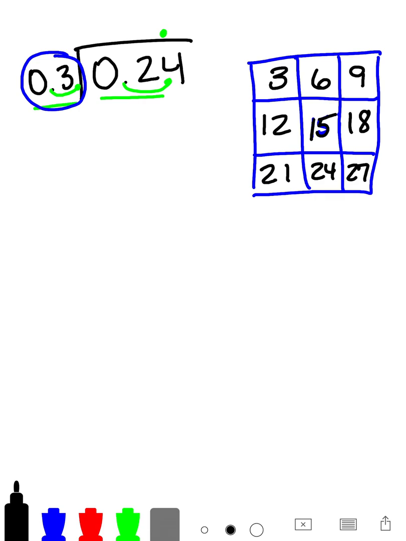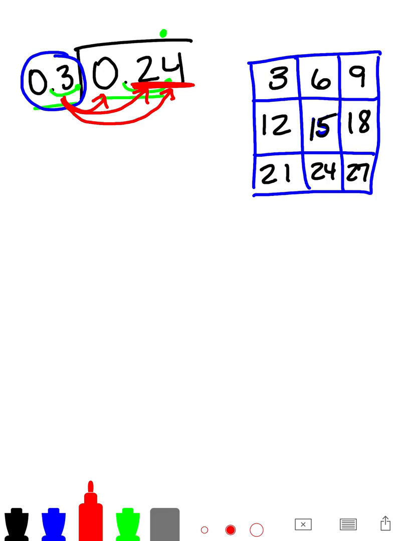Okay, so I have to ask myself, how many groups of 3 are there in 0? Well, there's none. How many groups of 3 are there in 2? Well, there's none. How many groups of 3 are there in 24? Well, I can look at my count by box. I'm looking for 24, or a number that's close to but does not go over the number 24.